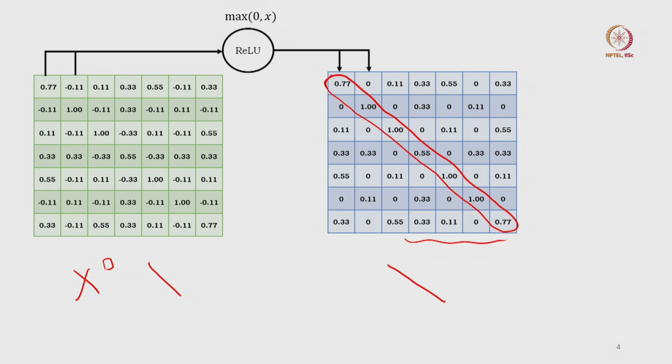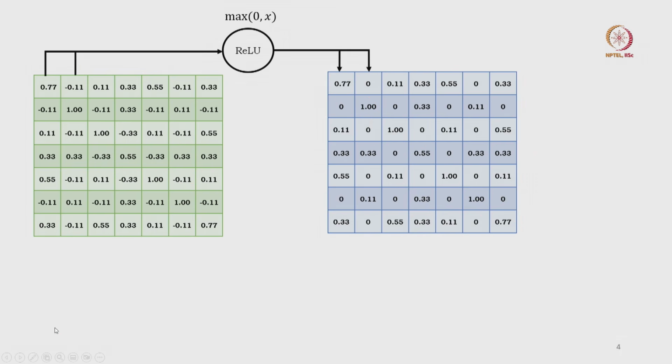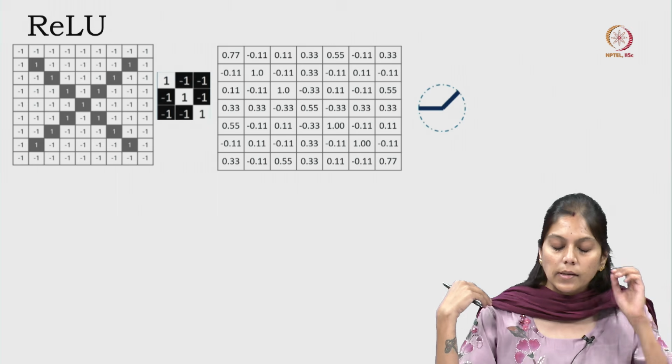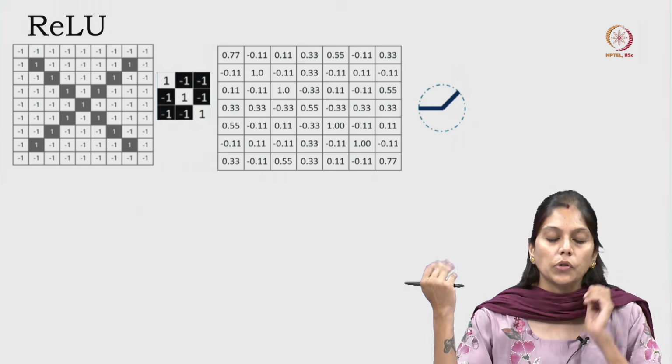The only thing is that you do not have any contribution from these positions, all of those are converted to 0. This is what ReLU does. So in short, the role of ReLU is that it is an activation function which is going to eliminate all negatives, converting all negatives to 0.